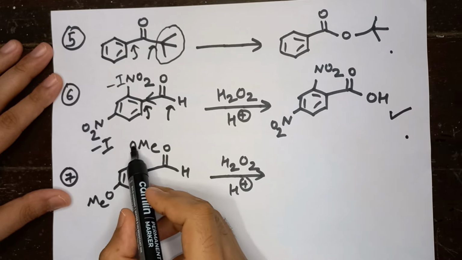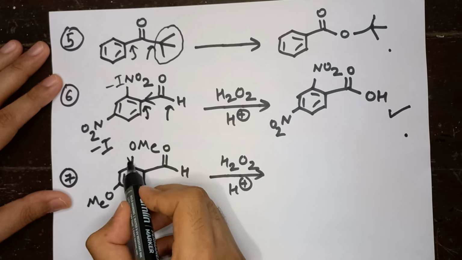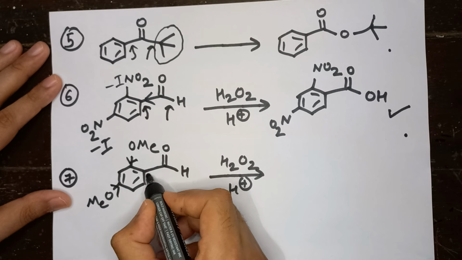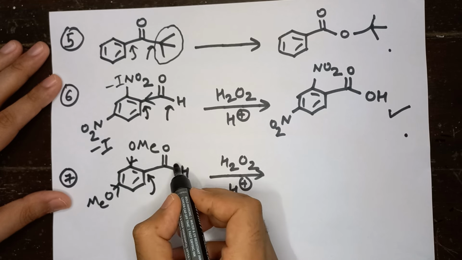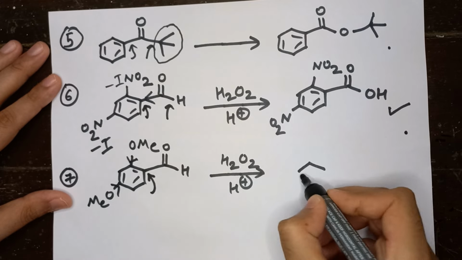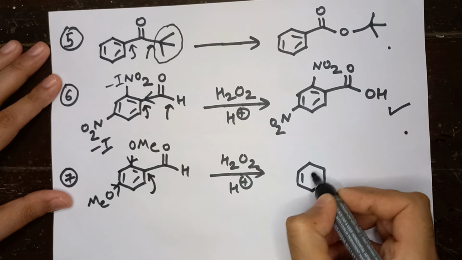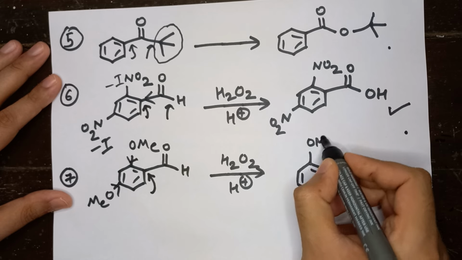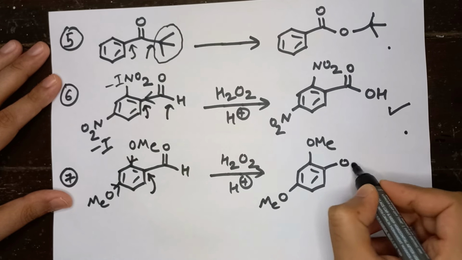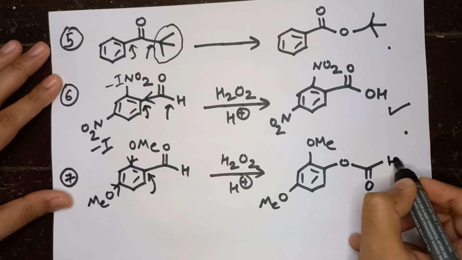But look here, the OMe group is an electron donating group, making more electron density cloud at this center as compared to hydrogen. So that's why the oxygen will be inserted in the left side and the product will be this one.